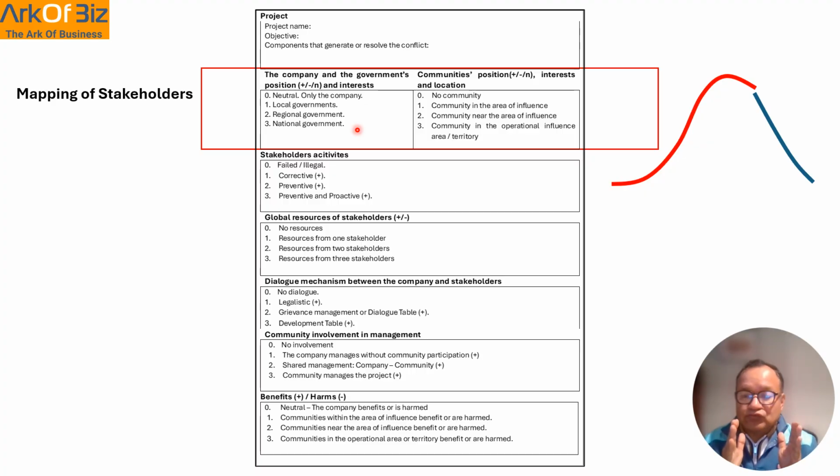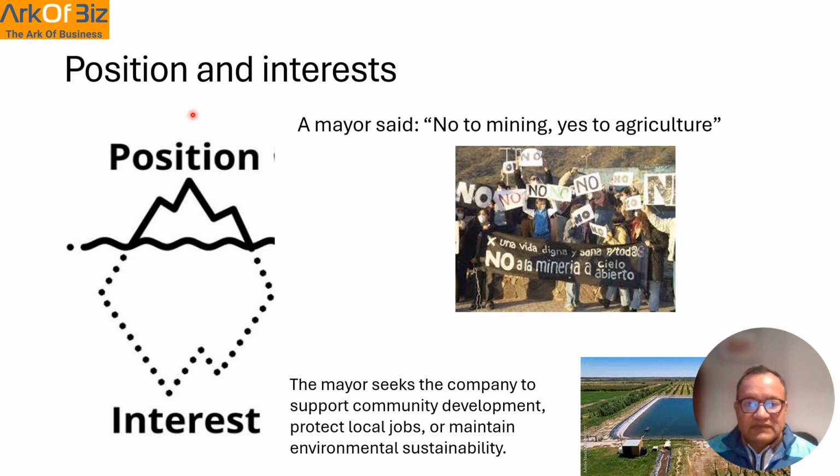One social license to operate for the conflict escalation, first analysis, and another social license to operate level for the conflict resolutions, right? So let's go to the next.